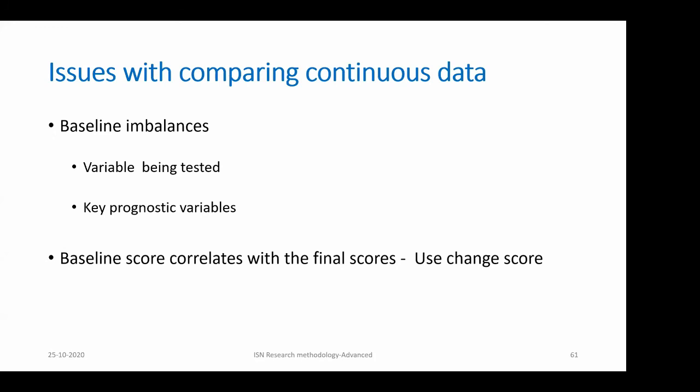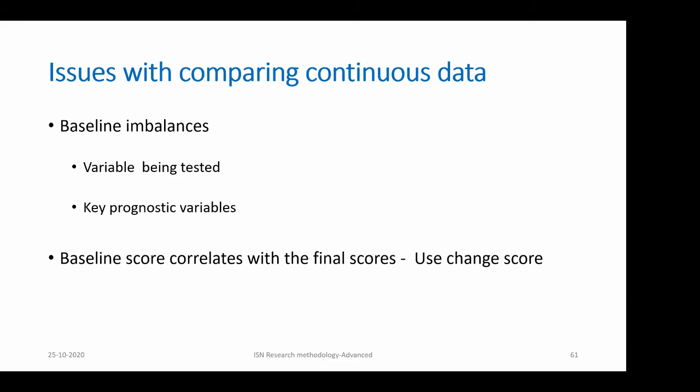Another thing is that the baseline score can correlate very well with the final score. Normally almost all final scores will show some amount of correlation. But when the correlation is very high, when the correlation coefficient is more than 0.8 or so, then if you compare the absolute values, you're going to get a result like this.